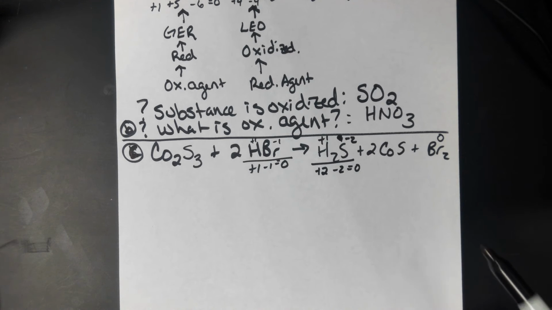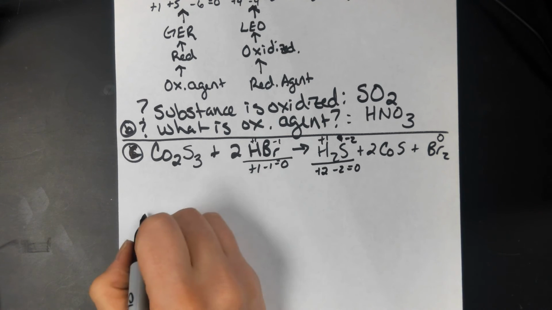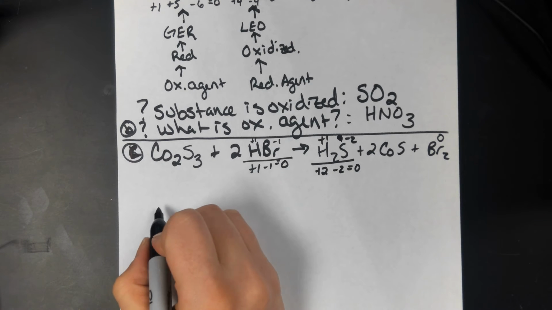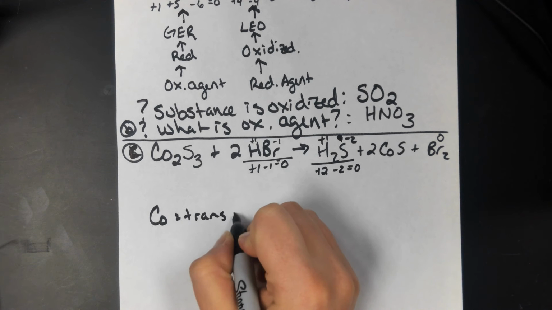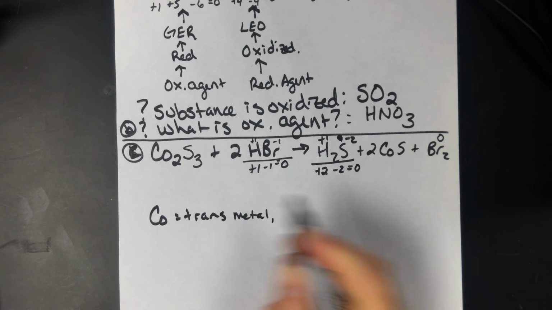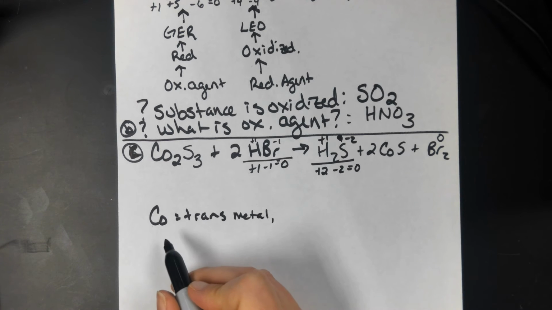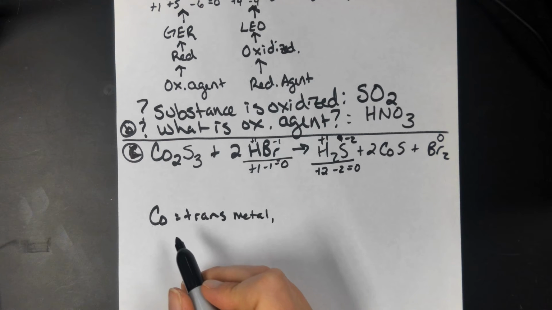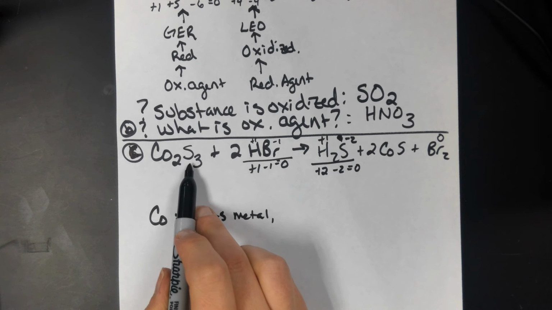I would not give you this on an exam, but cobalt is a transition metal, so it has more flexibility, if you will, on its charges and on its oxidation levels. So I'm probably going to assign the sulfur first.